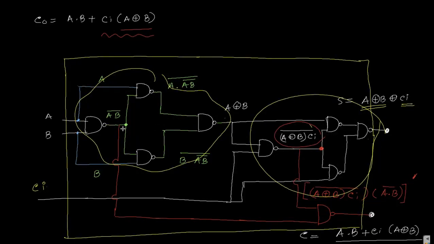And here we are getting A and B bar that is fed into the ninth NAND gate, and here we are getting A XOR B and Ci bar that is feeding that NAND gate as another input, and we are getting the whole bar, and the output is A dot B, A and B plus Ci and A XOR B. So this is the entire circuit diagram for a full adder circuit using the minimum number of NAND gates, that is 9.